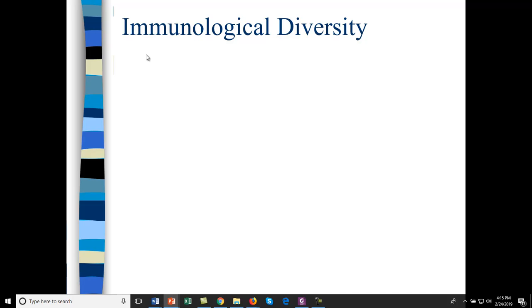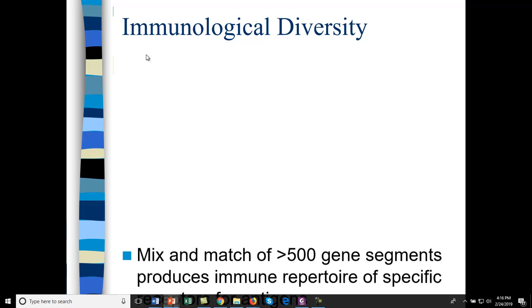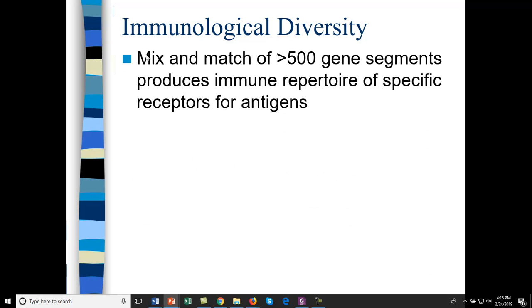Now, in terms of what our immune system can do, this is so wonderful. We have a set of genes that is the human immune repertoire, and you've got basically over 500 gene segments. They mix and match to bind to millions and millions of different types of specific receptors for antigen.